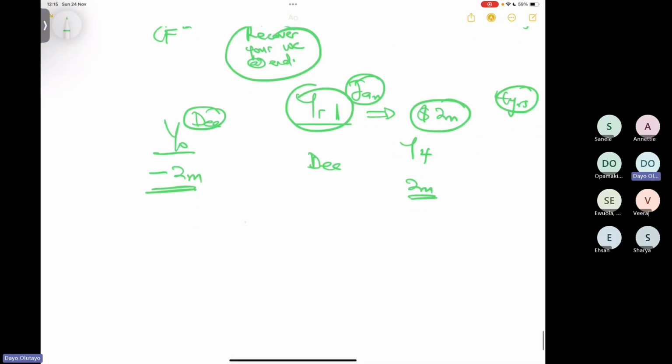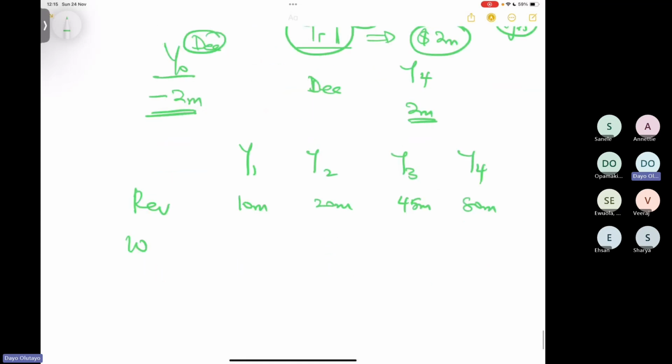The other way is they tell you working capital requirement is maybe 10% of revenues for the 4 years. So year 1, year 2, year 3, and year 4. And you know that revenue is 10 million in year 1, 20 million in year 2, 45 million in year 3, say 80 million in year 4. And they say working capital is 10% of revenue. So if it's 10%, then that means we need 1 in year 1, 2 in year 2, 4.5 in year 3, and 8 in year 4.